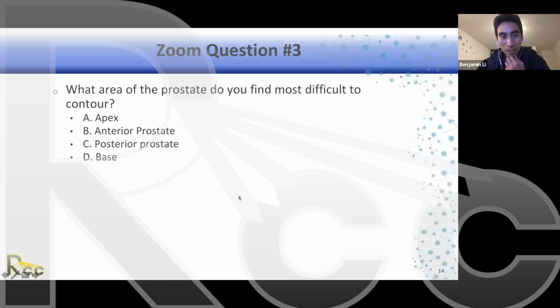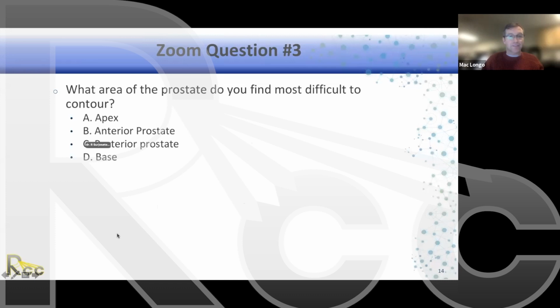The apex, anterior prostate, posterior prostate, or the base, which do you find most difficult to contour? 3, 2, 1. So it looks like out of the group, the apex seems to afford the greatest challenge for you all, followed by the base and then the posterior prostate.